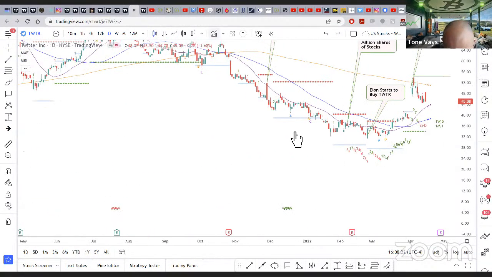I said, because Twitter was down so much, I expect it to go up after earnings, because it's only so much down a stock can go, especially when everyone knows what it is. So I did expect it to go up. I didn't expect it to go up this much. But now we know why that happened, and that's Elon.